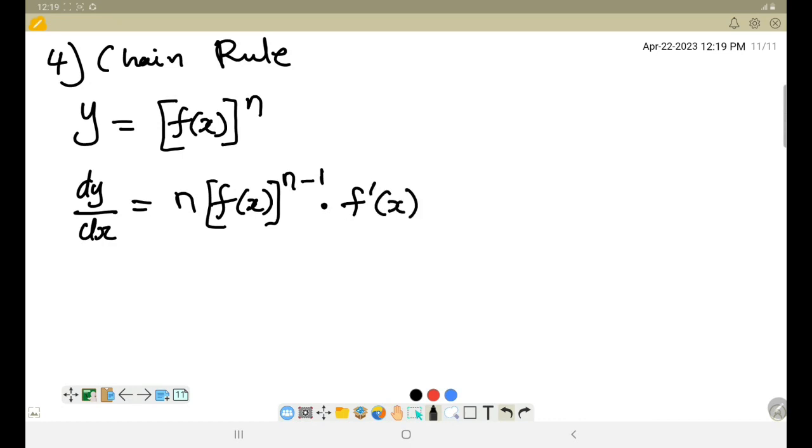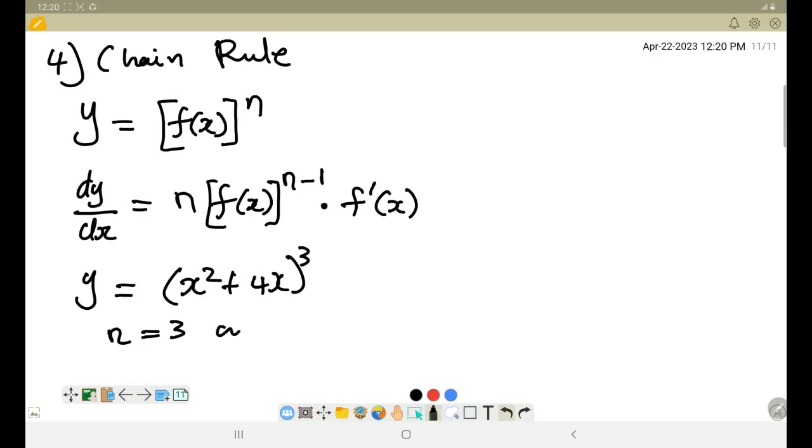Okay, so we will look at an example. If we have y equals, for example, x squared plus 4x all to the power 3, now we can see that our n is equal to 3, and our f of x is equal to x squared plus 4x.